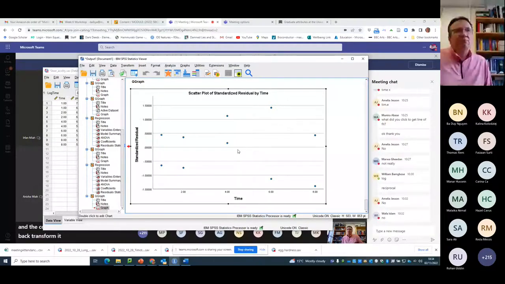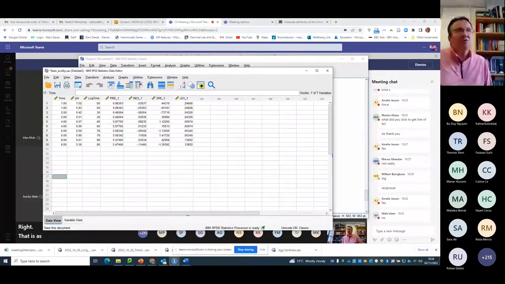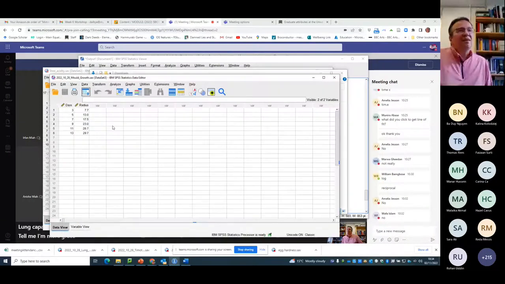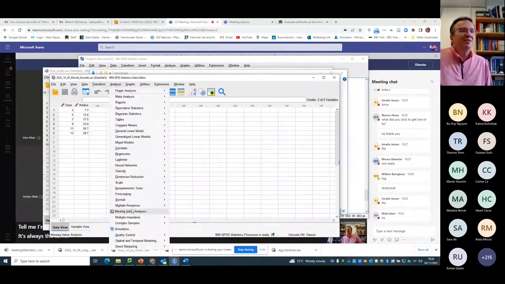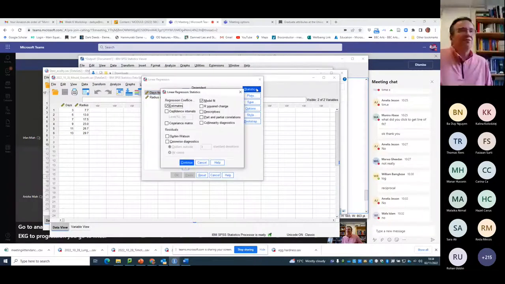Right. That is as much as I want to do. I mean, I can run around and go through all of the other examples. I have lung capacity, mold growth. It's always the same. Go to Analyze, go to Regression, go to Linear, and pick Statistics to do confidence intervals.